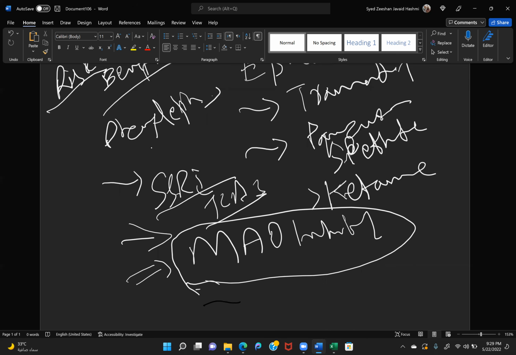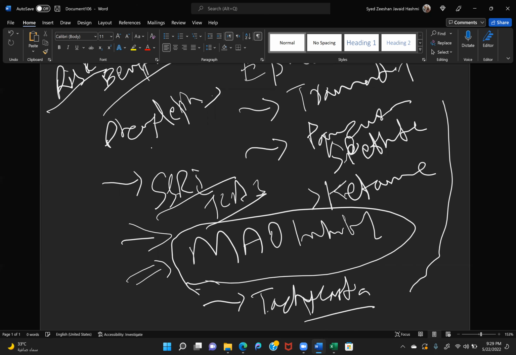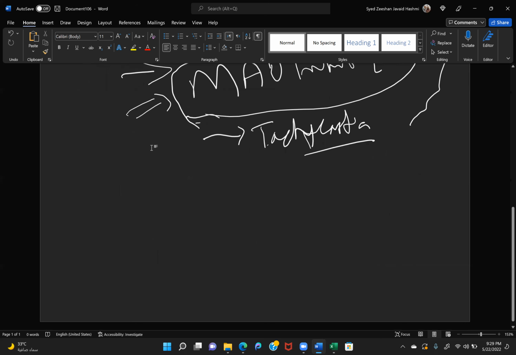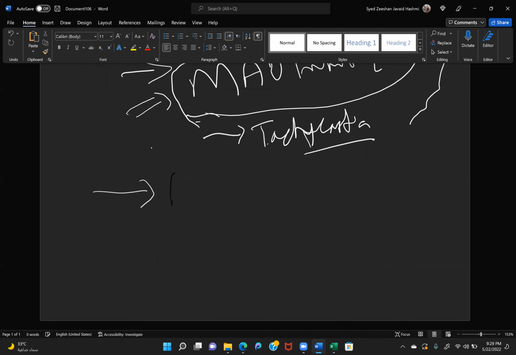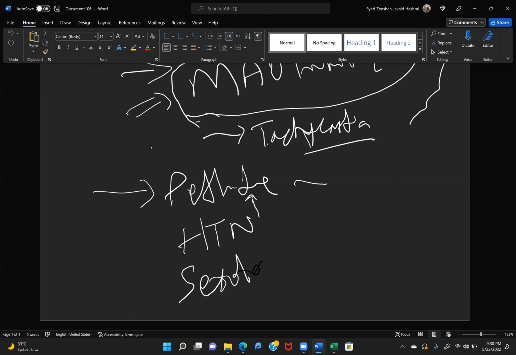You have to avoid drugs which are causing tachycardia, like pethidine. What is the effect of pethidine, Jamil? In the interaction, it will give exaggerated hypertension in patients who are taking monoamine oxidase inhibitors. You also have to avoid tramadol with SSRIs.